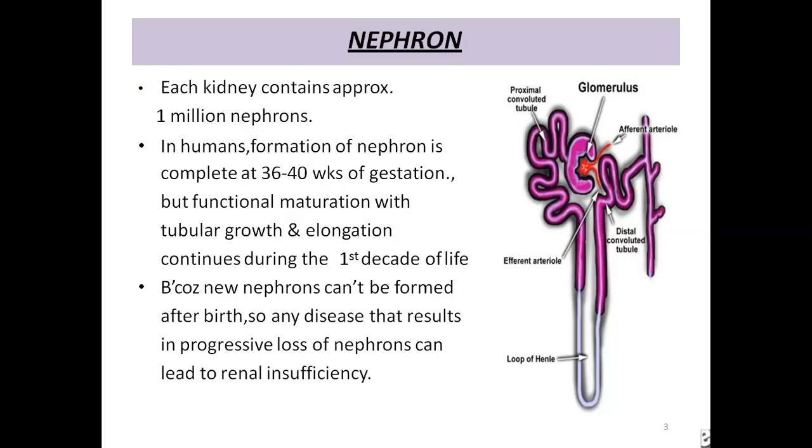Because new nephrons cannot be formed after birth, any disease that results in progressive loss of nephrons can lead to renal insufficiency. So we don't have the regenerative capacity of nephrons, and that is a limitation, as any cause adding to the loss of nephrons will lead to renal insufficiency.